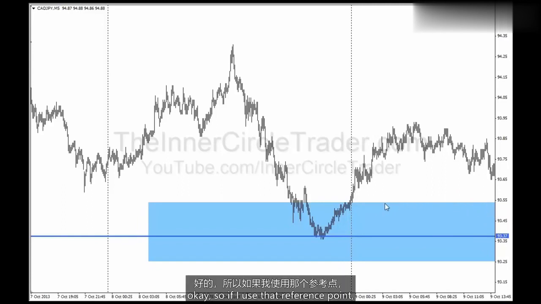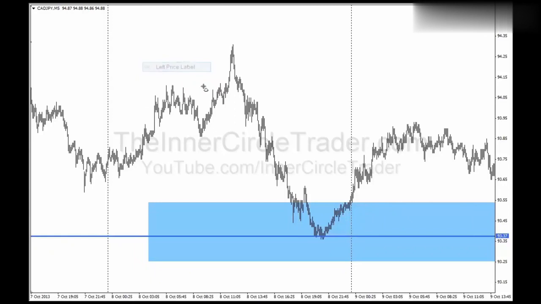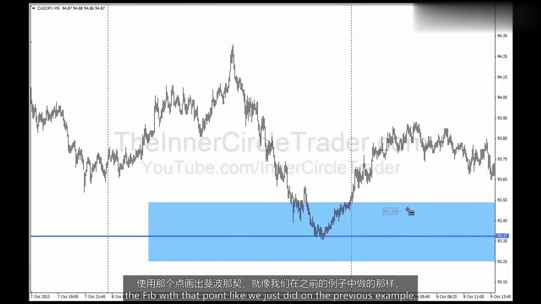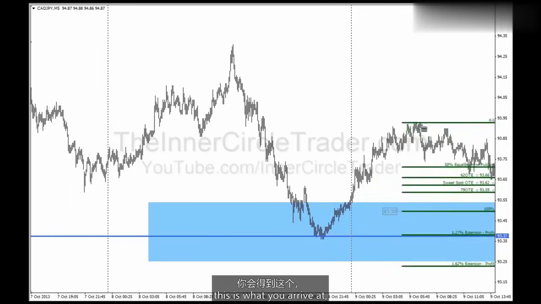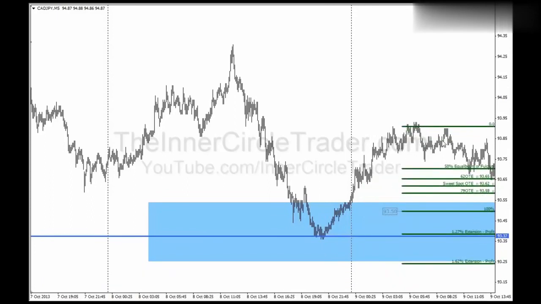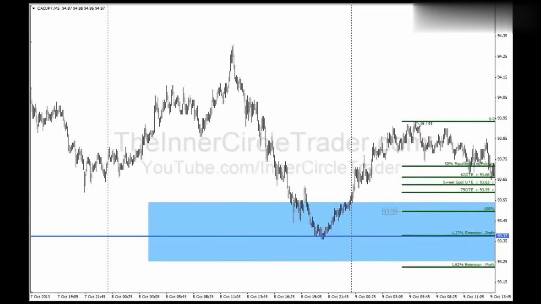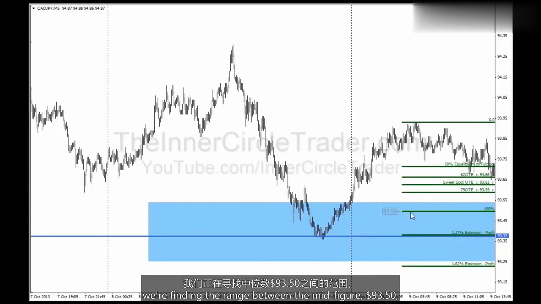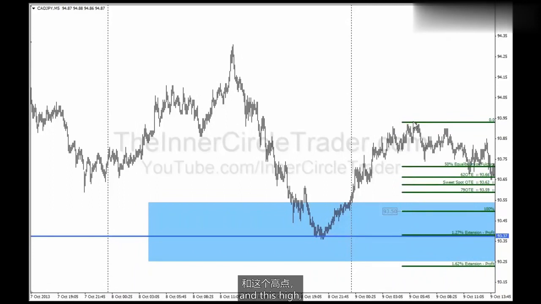Okay, so if I use that reference point, okay, we have that. Now if you draw the fib with that point like we just did in the previous example, this is what you arrive at. Okay, let me get that right where it belongs. Okay, so we're finding the range between the mid figure 93.50 and this high.